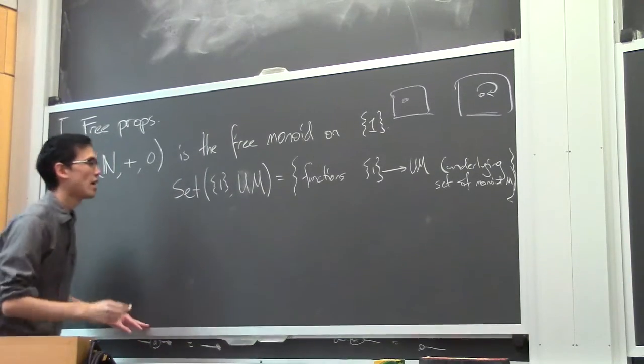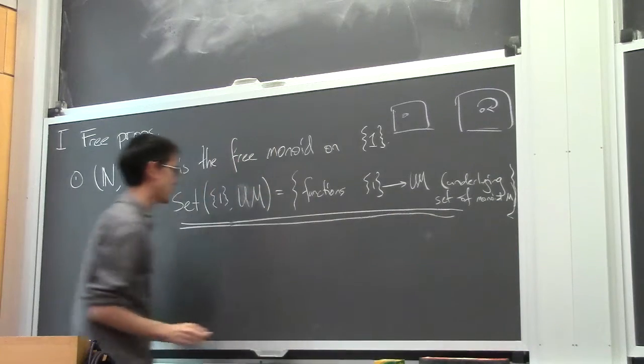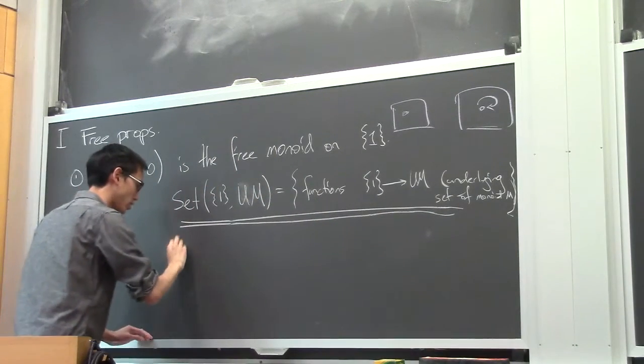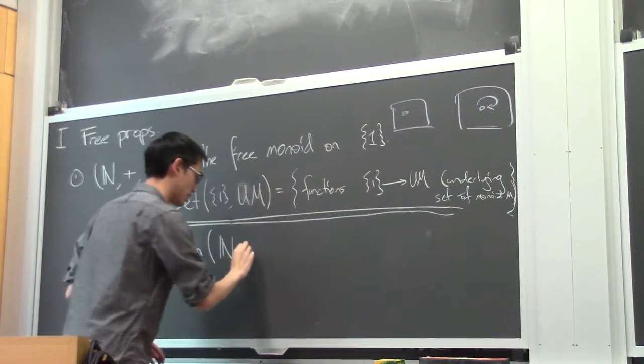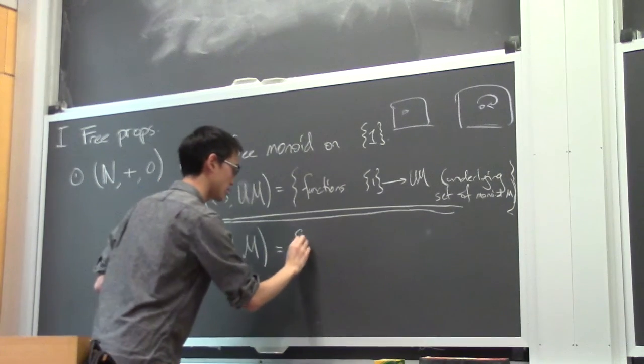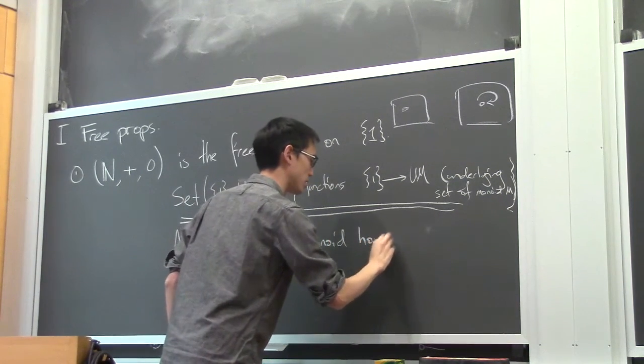So it's possible to observe that these functions are in one-to-one correspondence with monoid homomorphisms from the natural numbers to M. These are monoid homs.